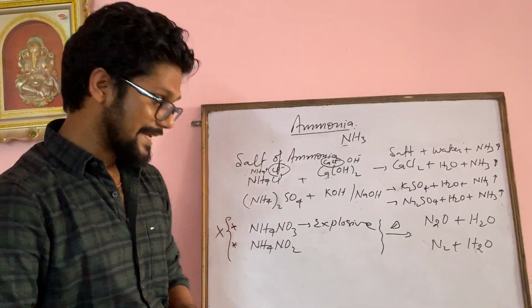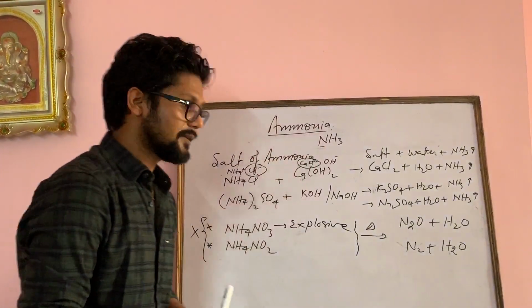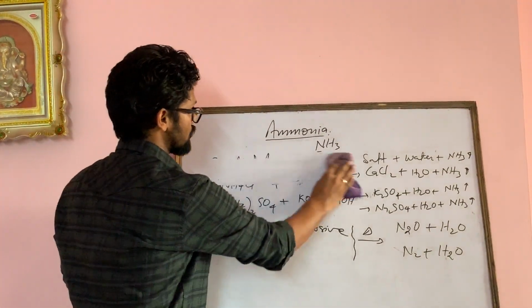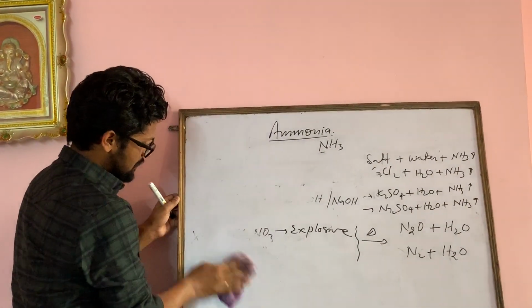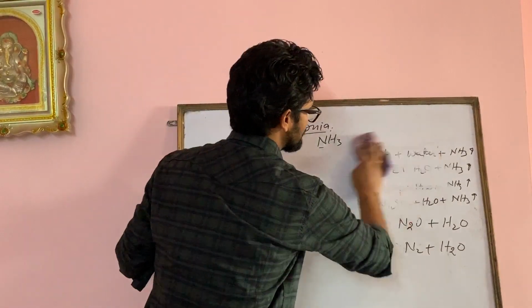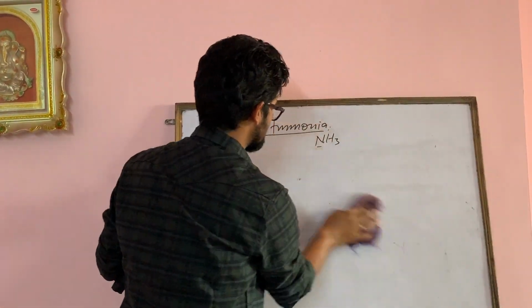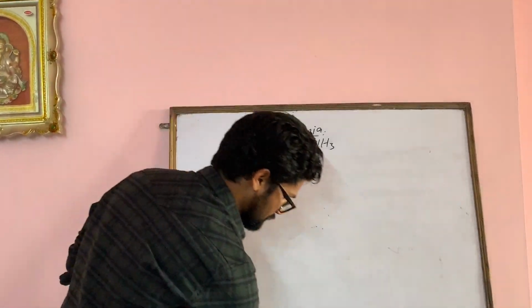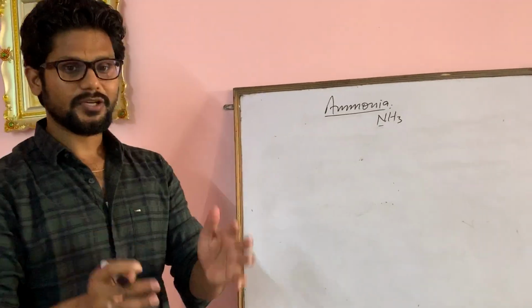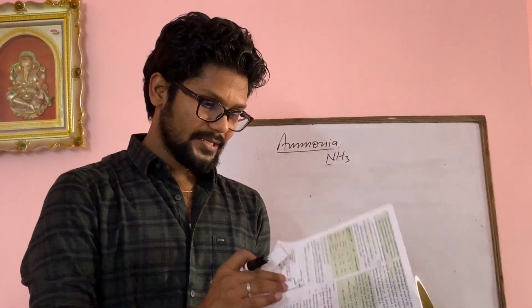Now I am going to explain the next method of preparation of ammonia, that is the laboratory preparation of ammonia. How is ammonia prepared in the lab? For preparation in the lab, there is a setup of apparatus. You can see it in your book.